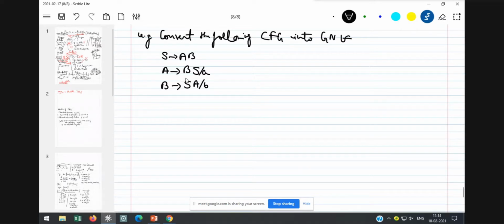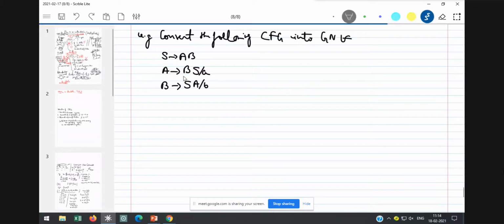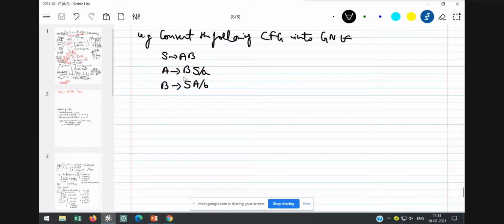Now see here, the example which I have considered here, it is in CNF format, I know, but the question being asked here is convert the following CFG into GNF. If the question is being asked like convert the following CNF to GNF, then no need to check whether the format is in CNF form or reduction process has been performed.